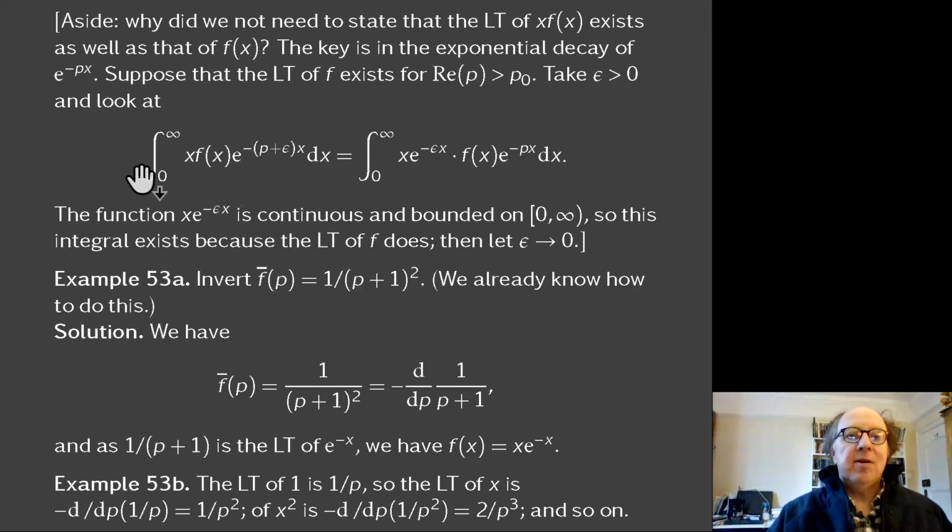And there's a little aside here for those of you who want to worry about things, as you should, which is why didn't I need to state that the Laplace transform of xf exists?